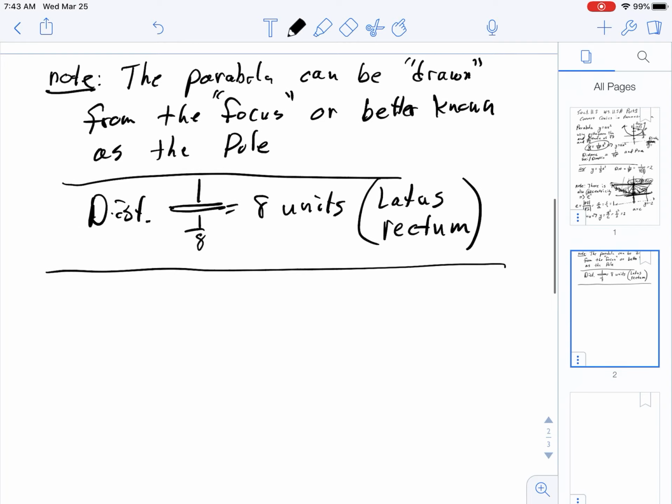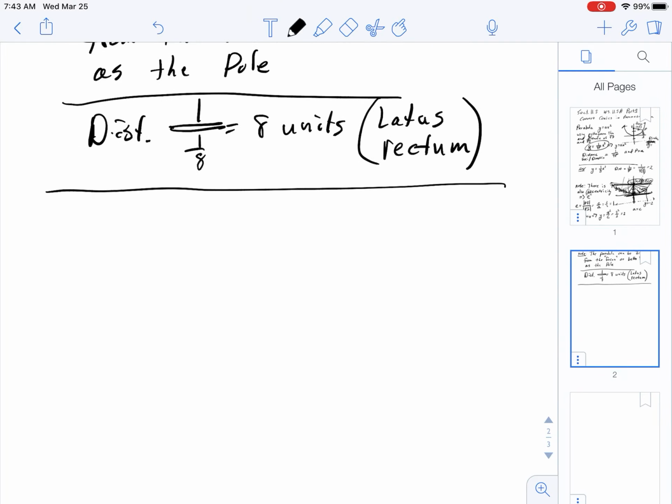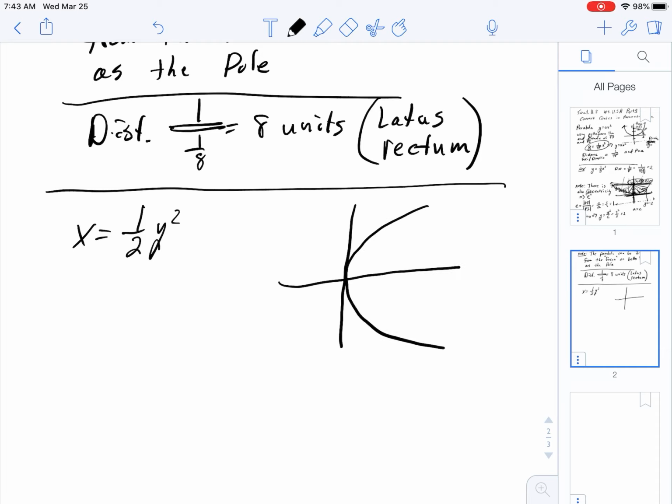Let's look at another example before we look at ellipses and hyperbolas. Let's say we have x equals 1/2 y squared. Basically, you're graphing the parabola out sideways, so you have a function like so, which means you're going to have a focus somewhere here and a directrix here.